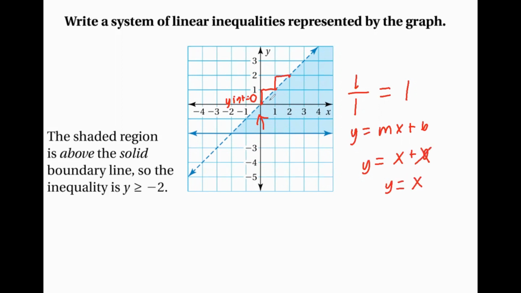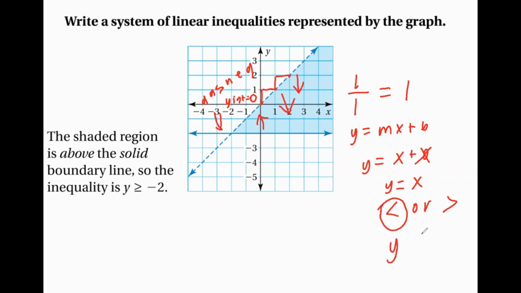And then you can go ahead and determine the inequality symbol of your line. Looking at our line, it's a dashed line, so we know that it's either going to be less than or greater than. And the way we determine this is by looking at the shaded region. The shaded region is actually below our line, so we know that this is going to be less than.